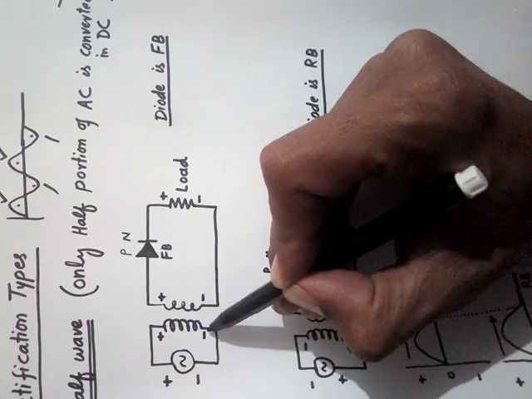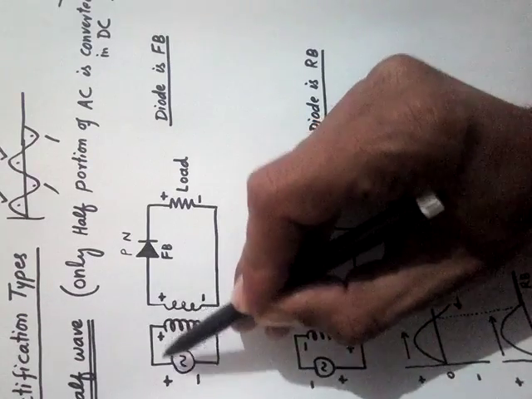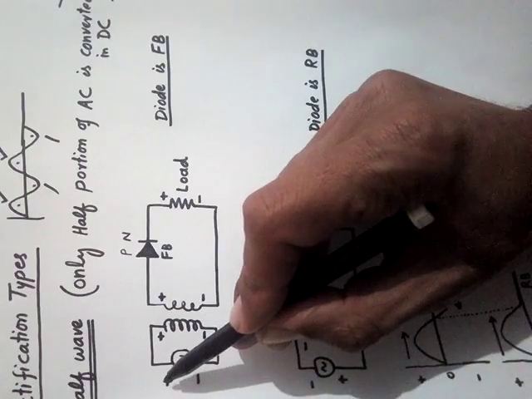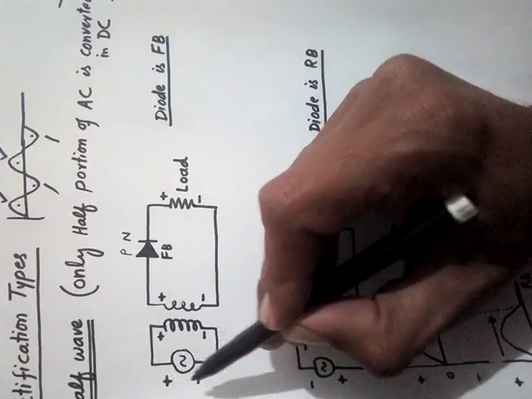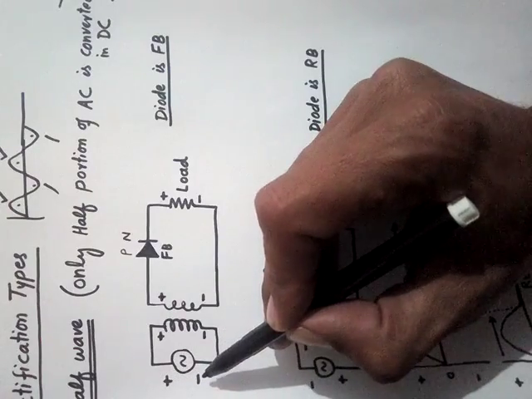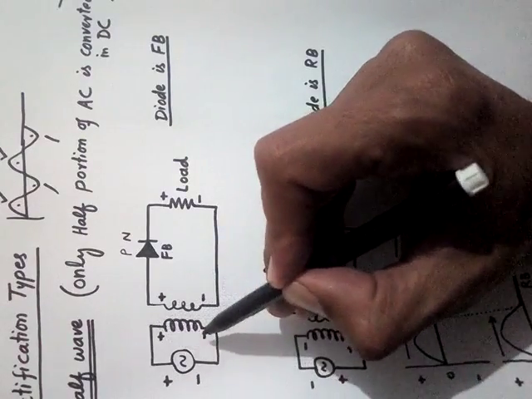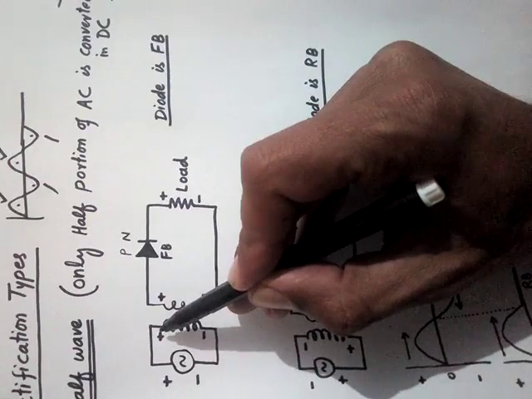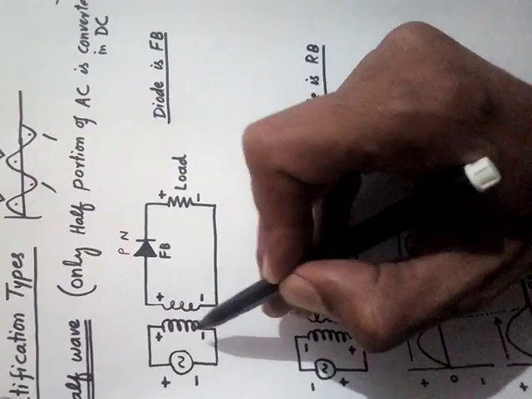So this terminal is negative, this terminal is positive. Later on we will see that this positive will convert into negative and this negative will become positive. So these positive and negative will also change their direction. This terminal will become negative and this will become positive.